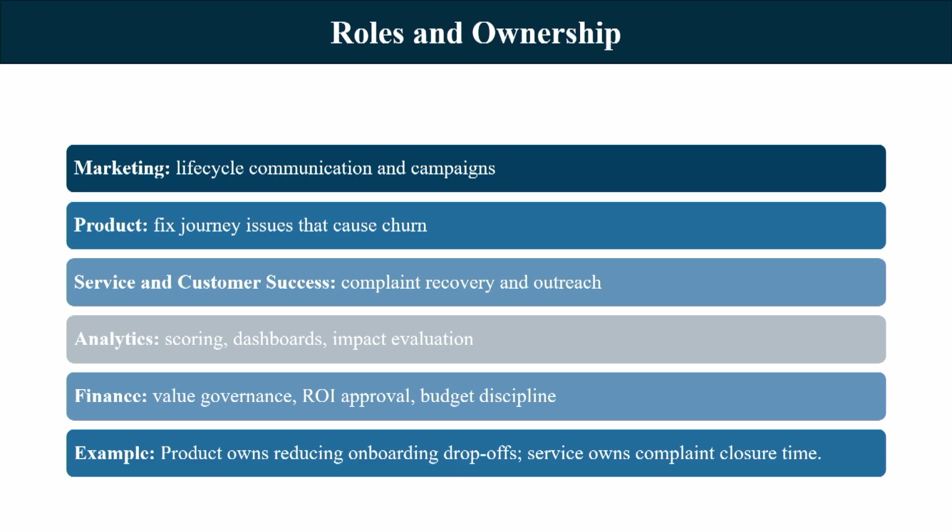Let us take an example. Product owns reducing onboarding drop-offs, right. Service owns the complaint closure time. So, let us say we can see that there is a lot of drop-off, a lot of churn during the very initial phase of the customer journey. For example, the customers are filling their KYC, but they are not actually subscribing to the application.